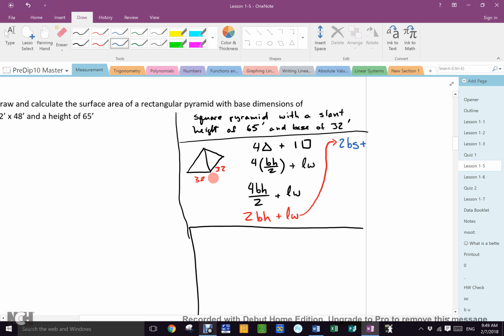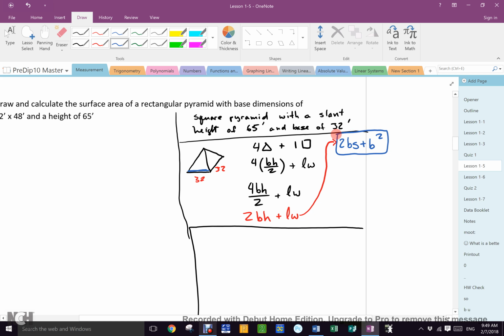Plus. Now, since this is a square, do I need to do LW? It's a square. Aren't L and W the same? So I don't need L and W, do I? And I've already named this guy as the base right here, haven't I? So what should I call it here? Base. And what am I doing with it? Squaring it.